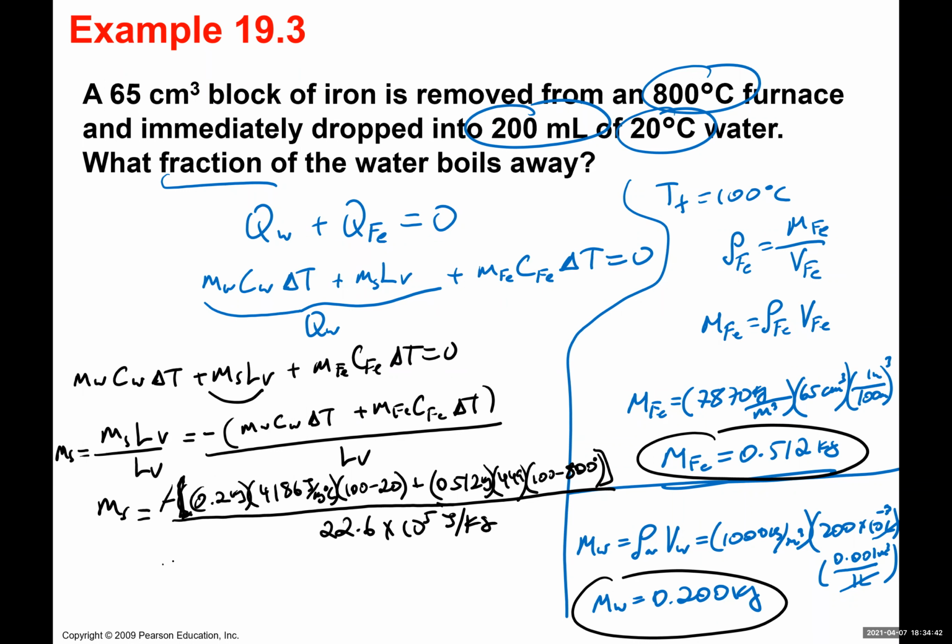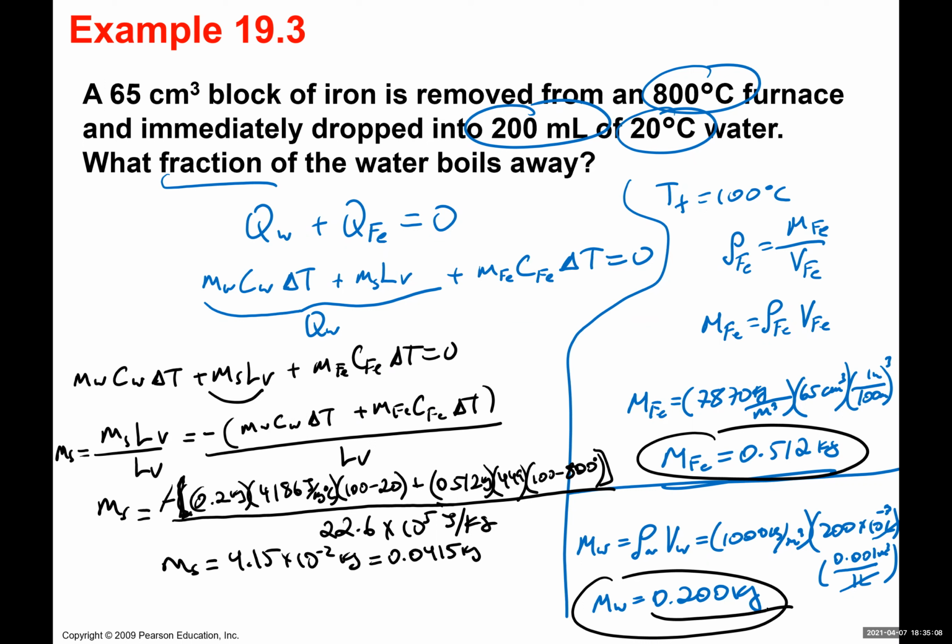Okay, so if I solve for mass of the steam, we're going to get 4.15 times 10 to the negative 2 kilograms, and that's basically 0.0415 kilograms, and my total was 0.200 kilograms.